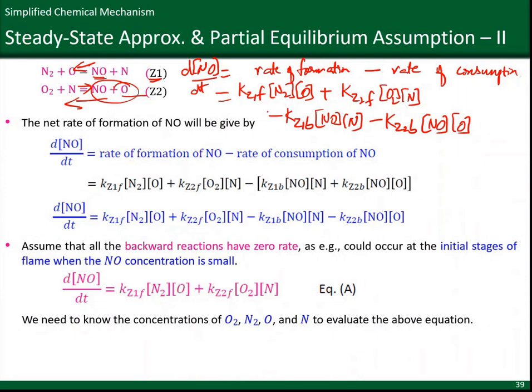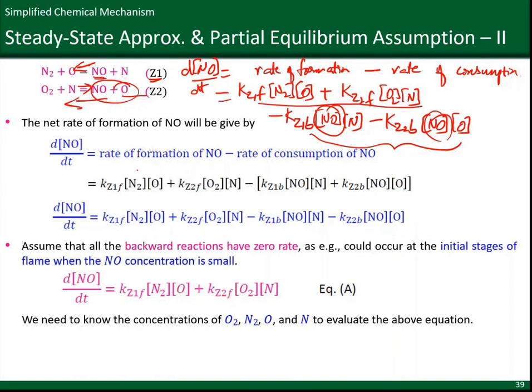The first two describe the formation, and the last two, which depend on the concentration of NO molecule, describe the rate of consumption. Now, what we can do is make an assumption about the directionality of this reaction. We say the backward reaction rate for these two reactions, Z1 and Z2, is almost zero.